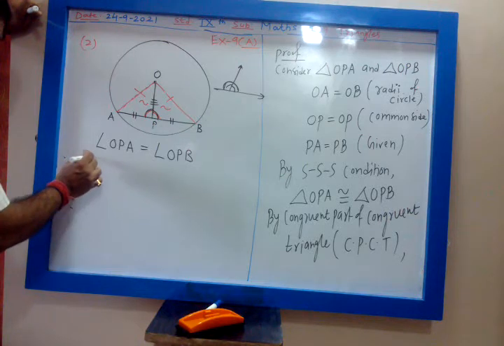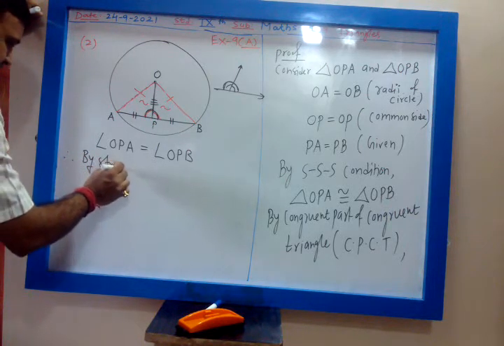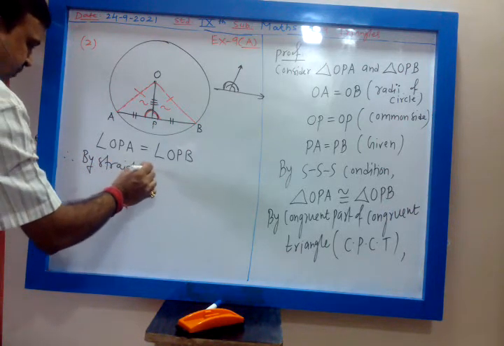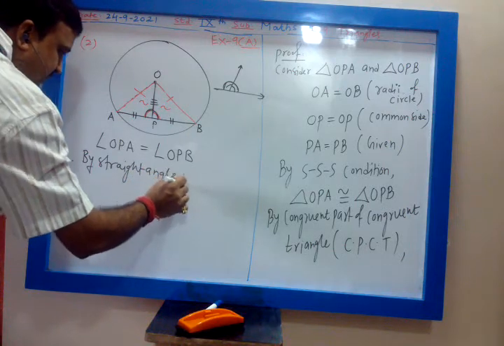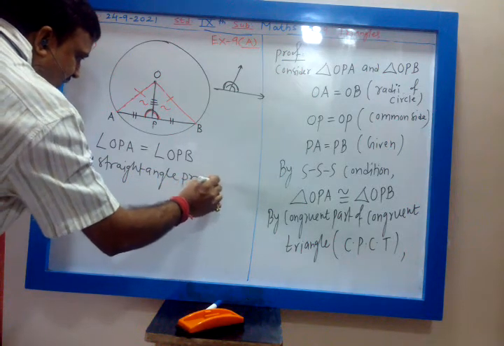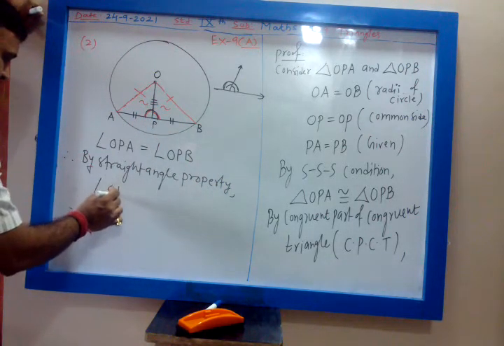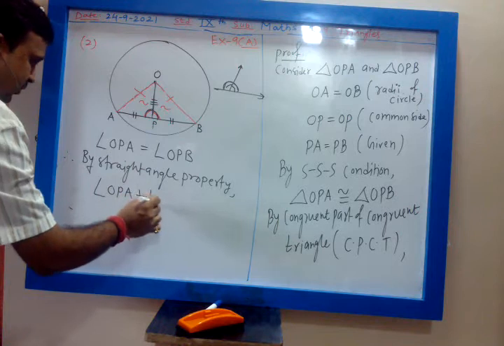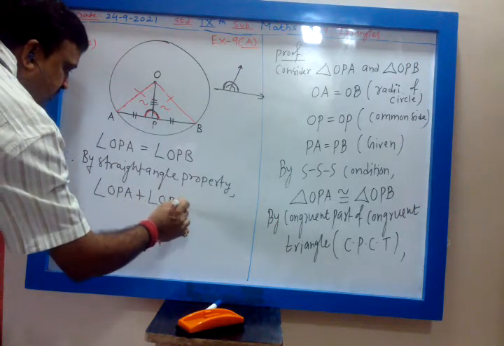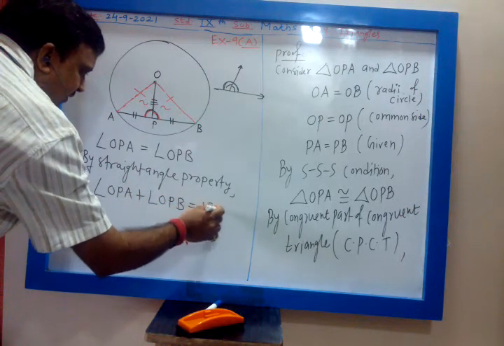By straight angle property, angle OPA plus angle OPB is equal to 180 degree.